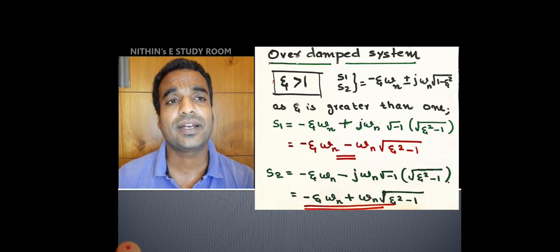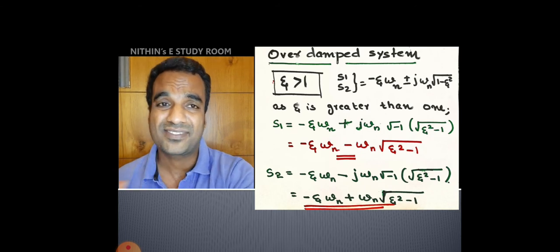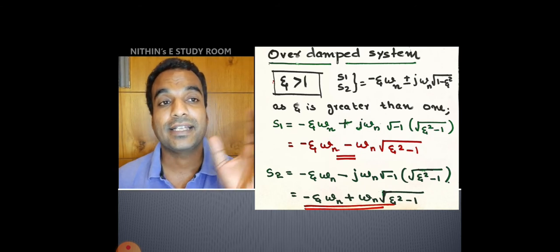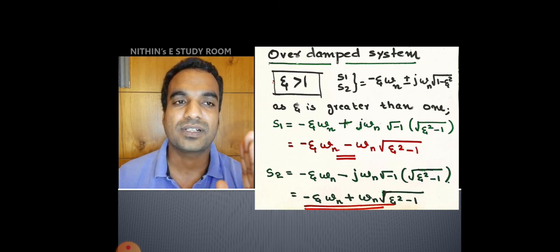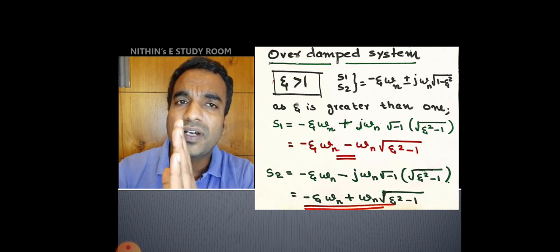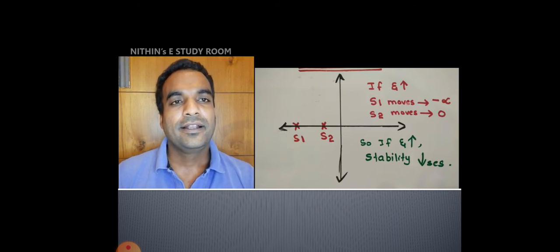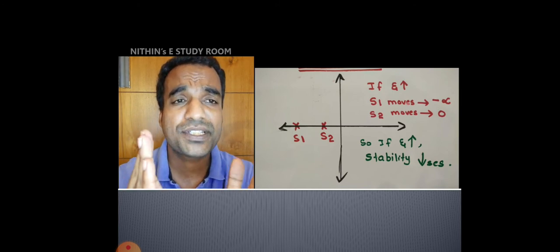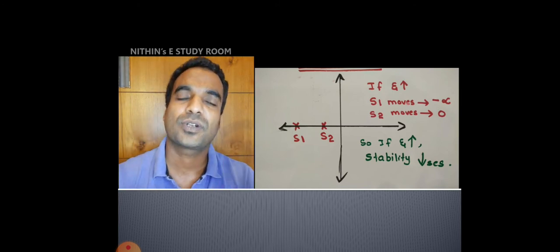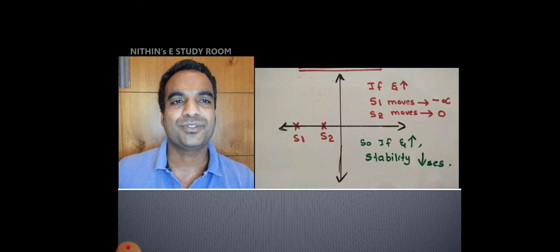That means when eta's value increases, the S1 term will move more and more towards the left side, but the S2 term will approach more and more towards the right side, that is, it will move towards the imaginary axis. I think you know which pole has the more significant role in stability, S1 or S2? Let S1 move towards negative infinity, we do not have any issue, it is always stable.